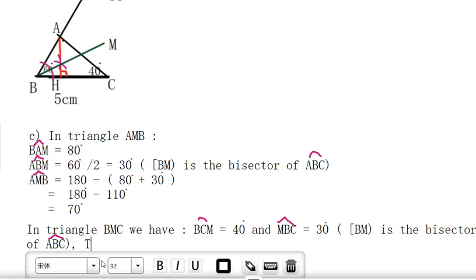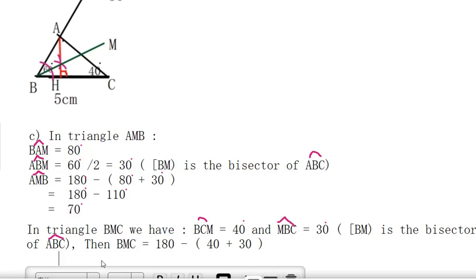Then angle BMC is equal to 180 degrees minus how much? 40 plus 30, which is equal to 180 minus 70 degrees, which will give me 110 degrees.